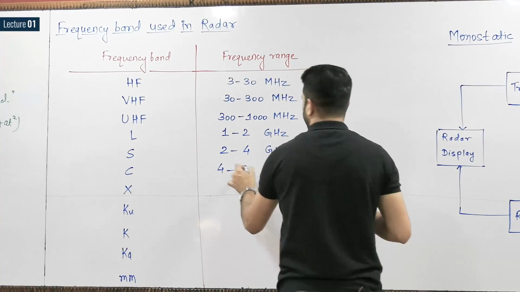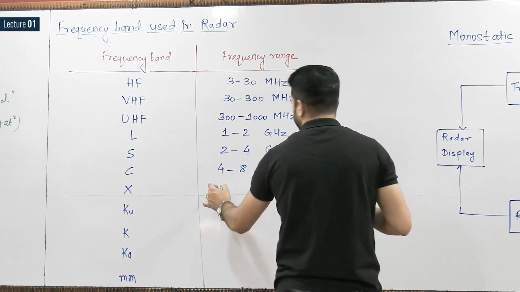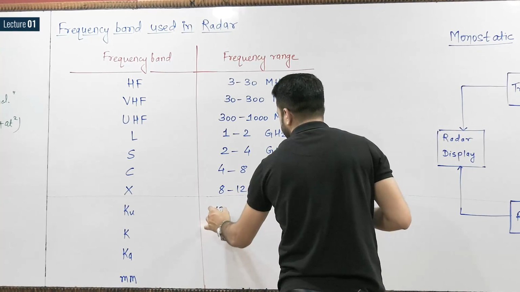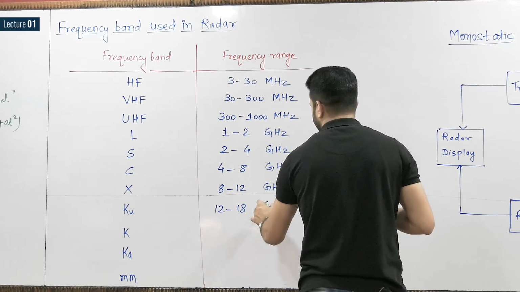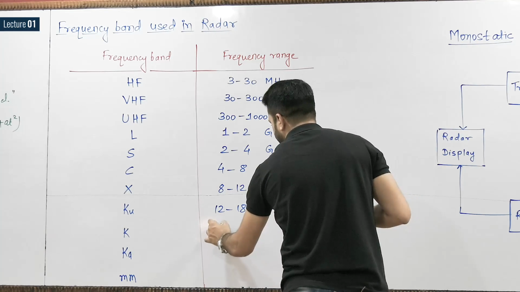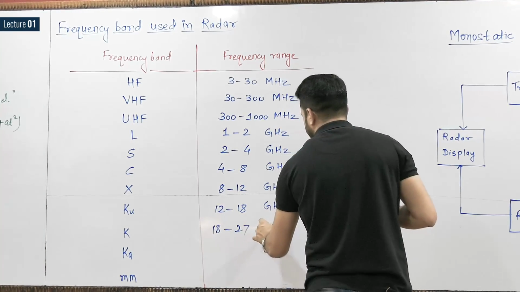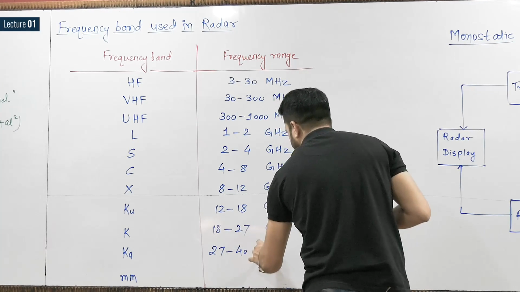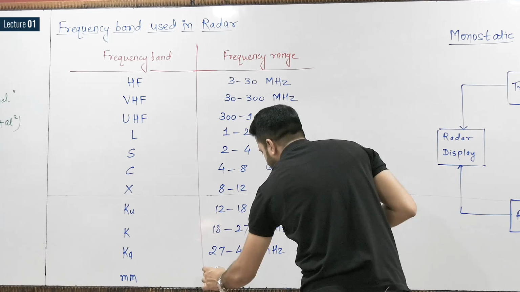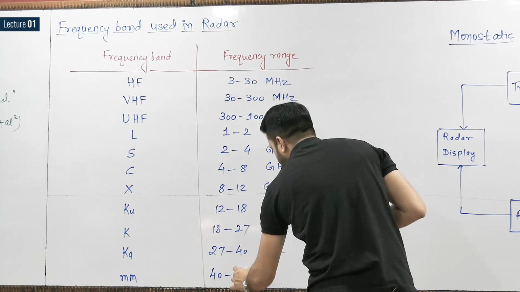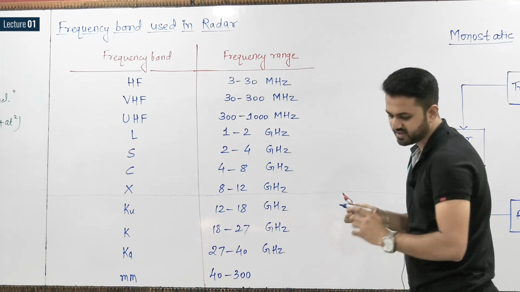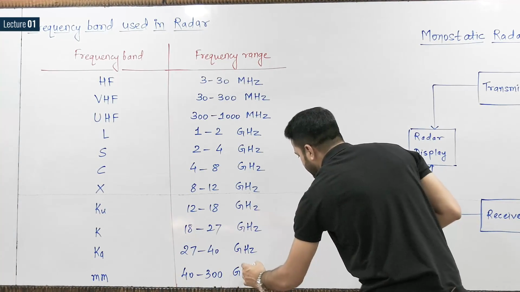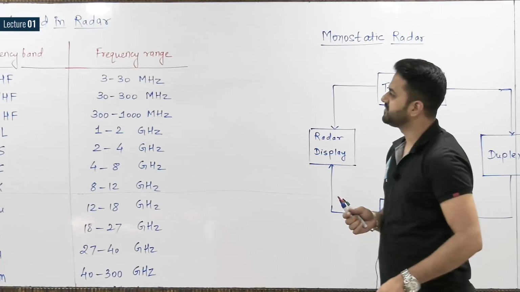C band is 4 to 8 gigahertz. X band is 8 to 12 gigahertz. Ku band is 12 to 18 gigahertz, K band is 18 to 27 gigahertz, and the Ka band is 27 to 40 gigahertz. And millimeter wave is 40 to 300 gigahertz. These are the different frequency ranges.